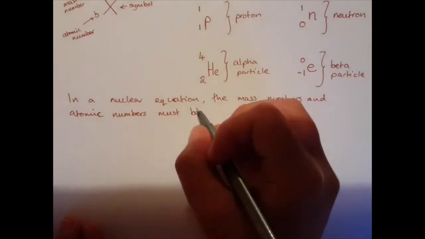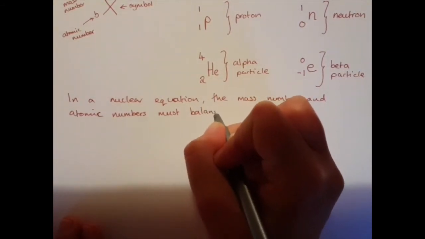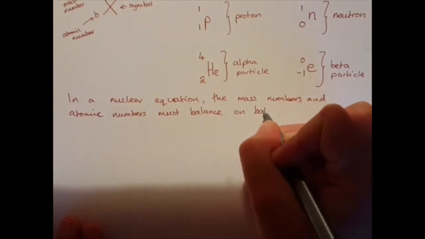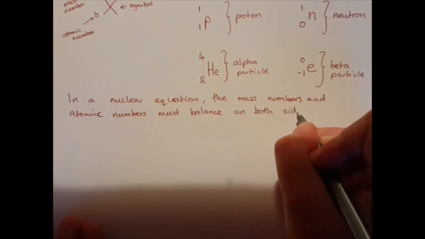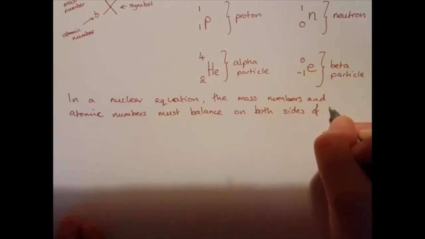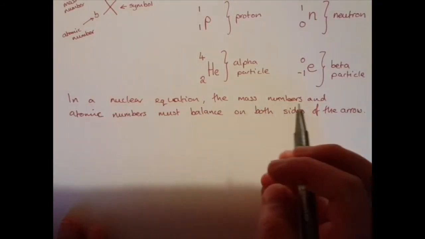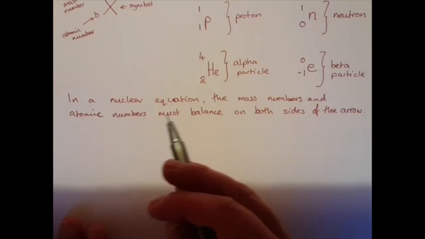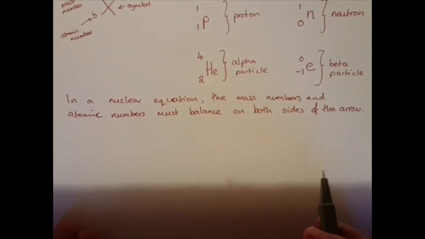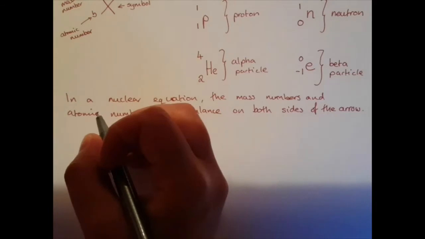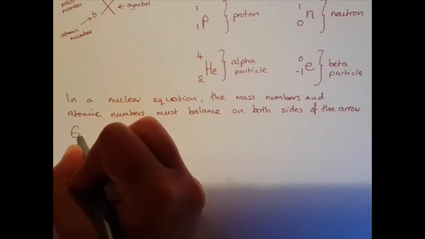In a nuclear equation, the mass numbers and atomic numbers must balance on both sides of the arrow. And we'll just look at an example straight away of this.